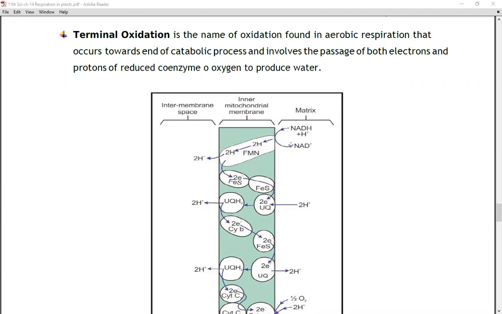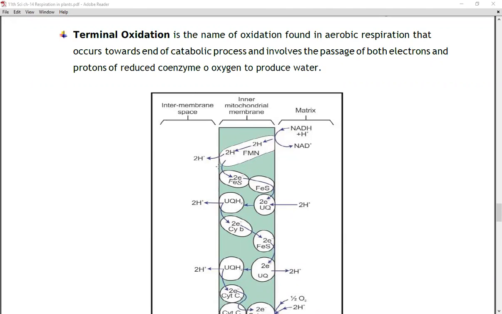The protons are transferred from the matrix to the intermembrane space, which you can see over here where I'm showing the cursor. This has been passed with the help of FMN. FMN is one of the carriers responsible for carrying the two protons, and it brings those two hydrogens into the intermembrane space.